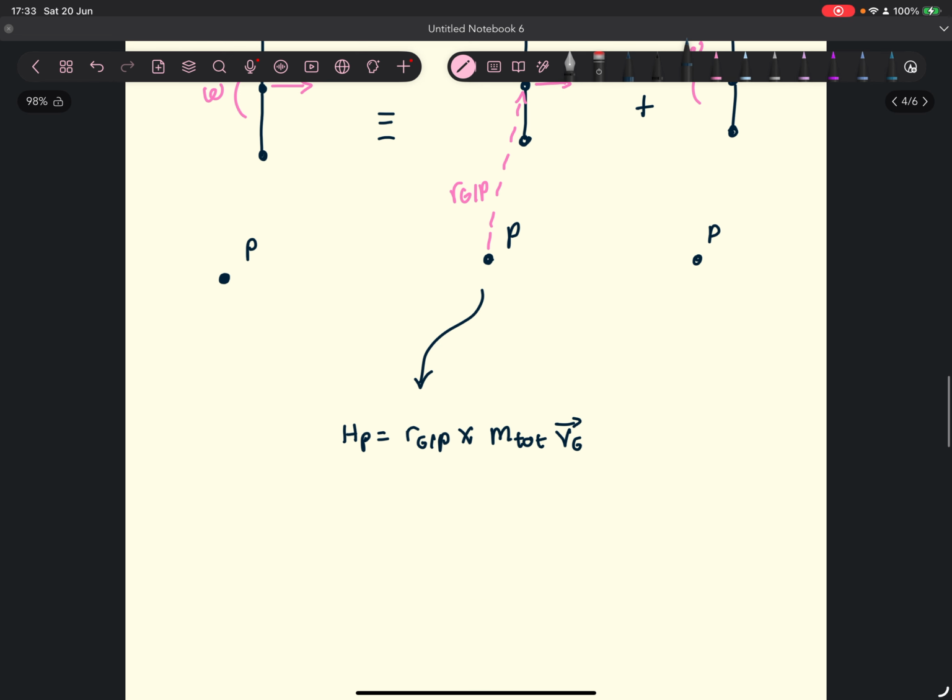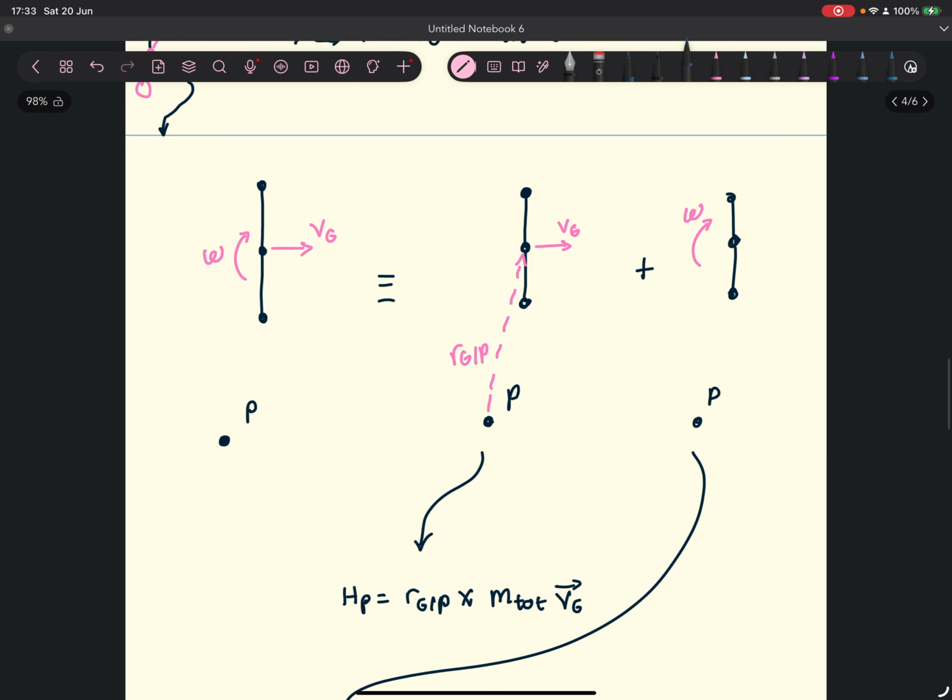Okay, and then for the rotational component, we want to describe how everything is rotating, right?